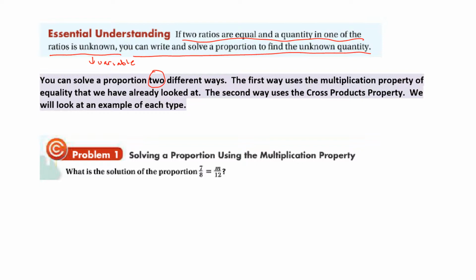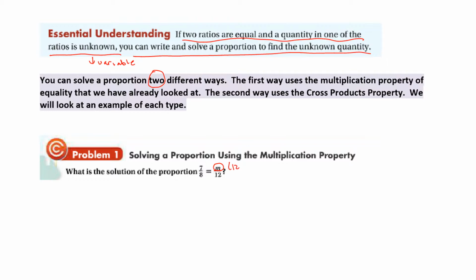If we look at our first problem here, it's solving a proportion using the multiplication property. We have 7/8 equals m divided by 12. We're solving for m, so that means I want to get the m by itself. Since that side says m divided by 12, the opposite of dividing would be multiplying.